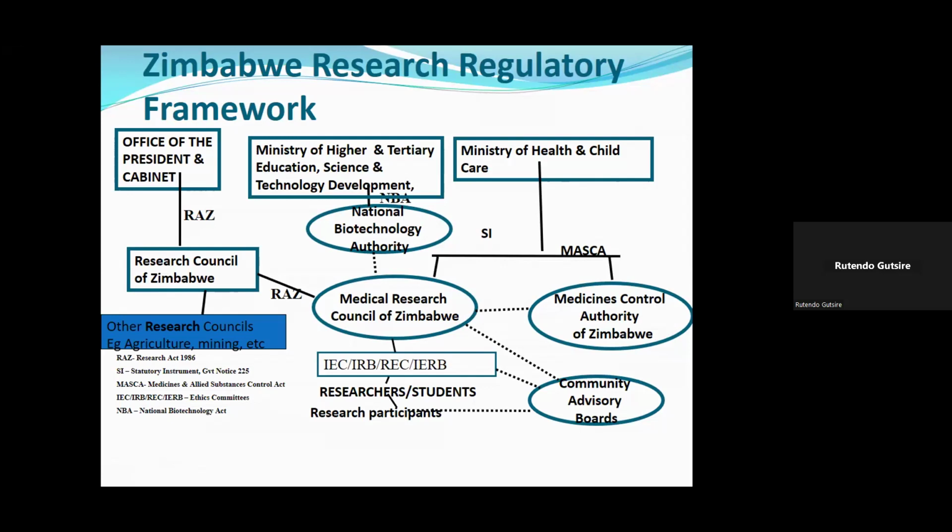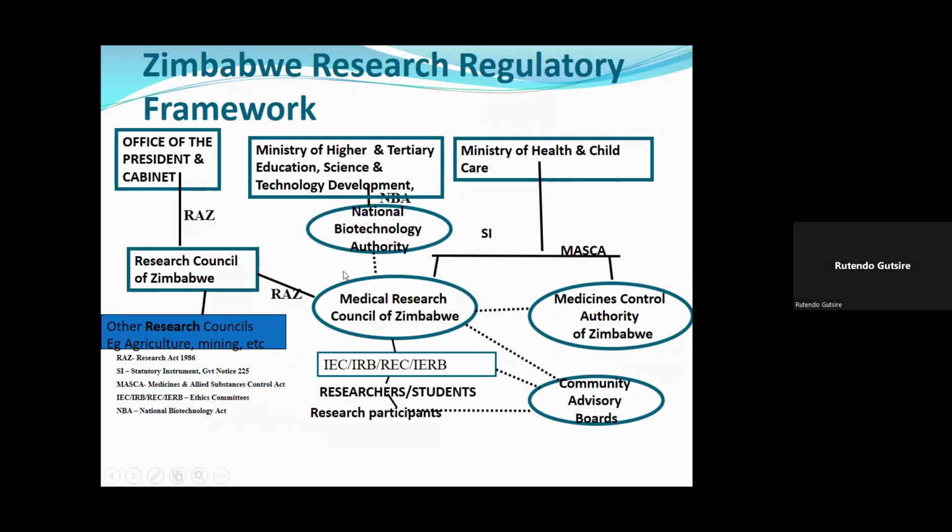The other work that especially MRCZ does is to stop any research where people are reported to be dying. They can go there, carry out an inspection, and either give advice or stop the research. So this is how research in Zimbabwe is regulated, monitored, and who gives oversight.